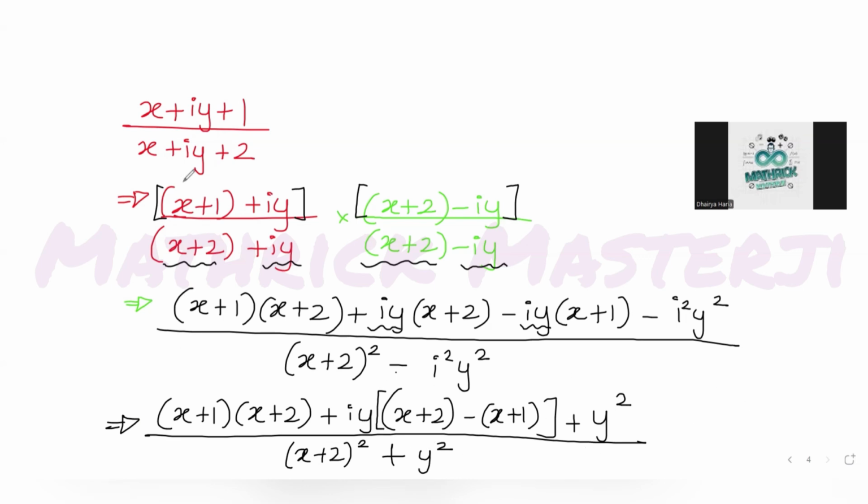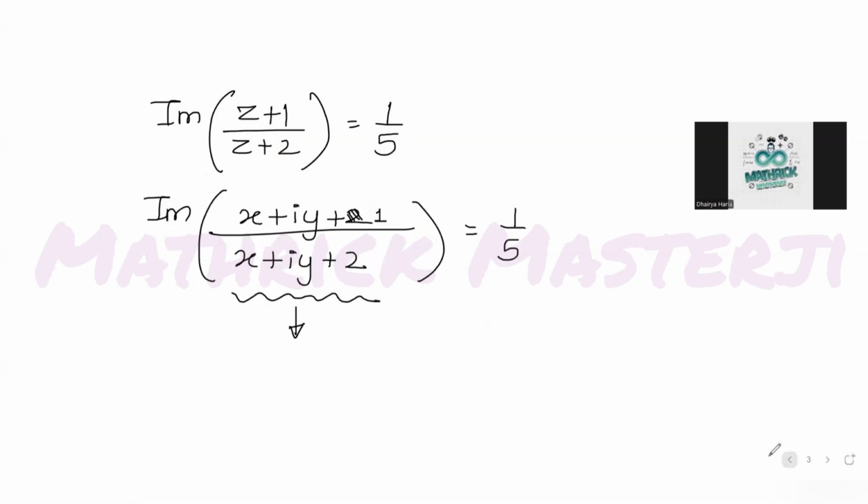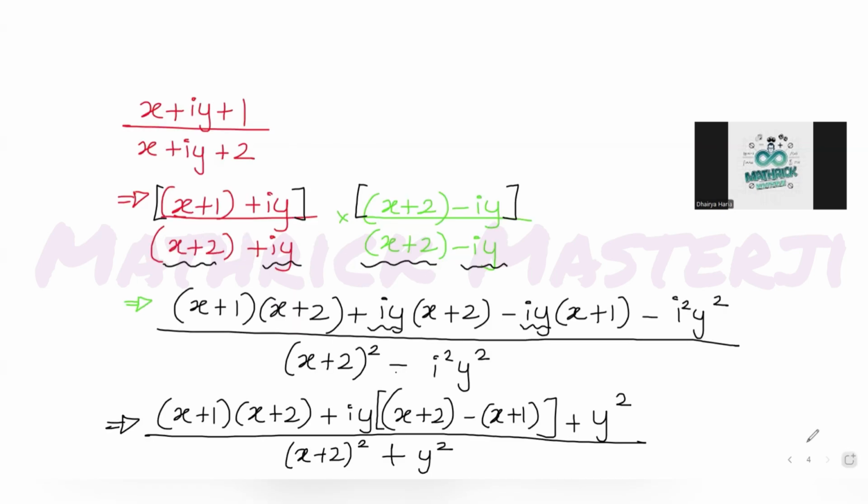Now let me write the entire expression as a complex number with real and imaginary parts separately, because I want just the imaginary part to equate with 1 over 5.